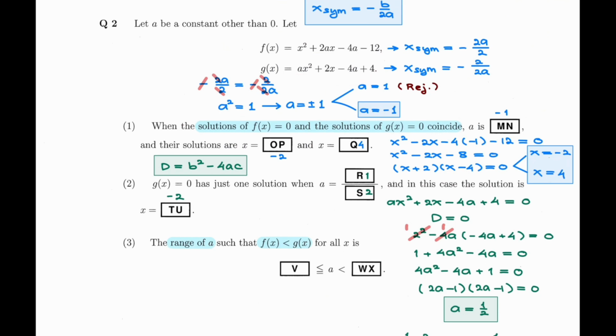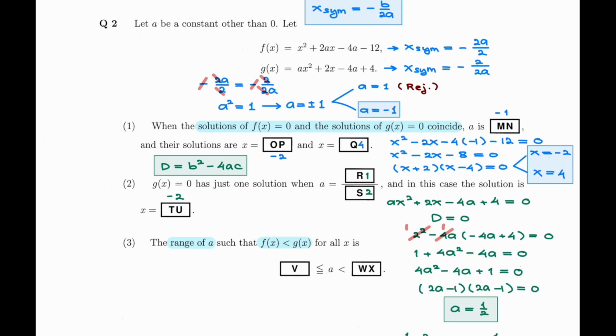So, if you imagine the diagram or the graph, we want to find the condition for which f of x is below g of x. In a graph, less than means below. f of x is below g of x.